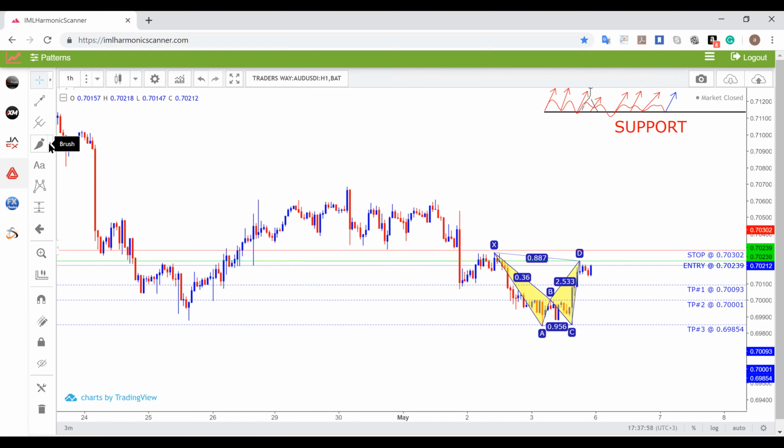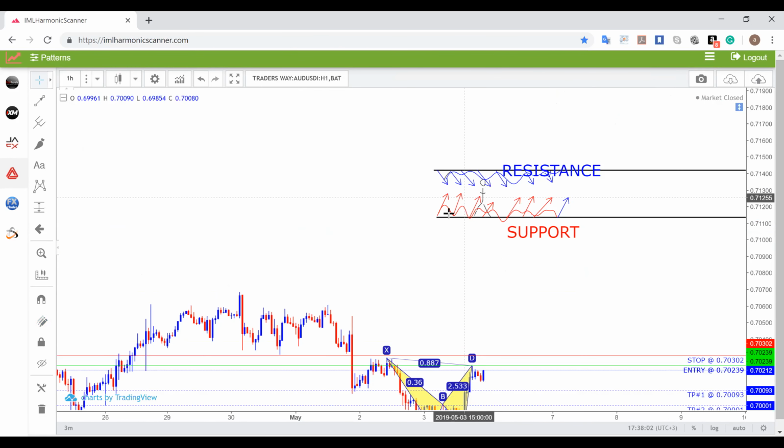So remember the basics. Support is where price touches multiple times and it reverses in an upward direction. That is support. Resistance is where it's above you, it touches there, and it comes down.